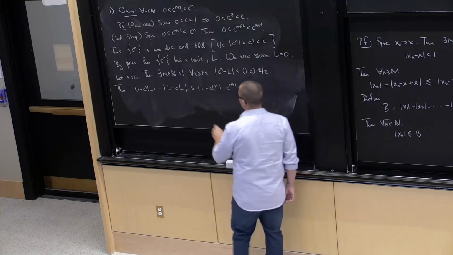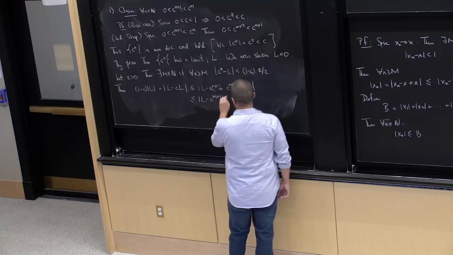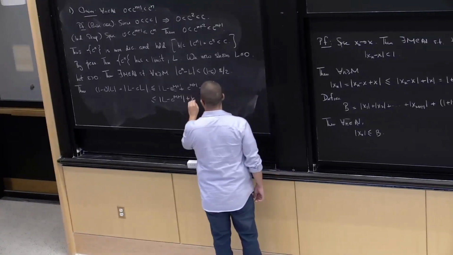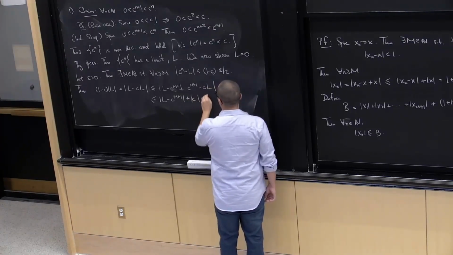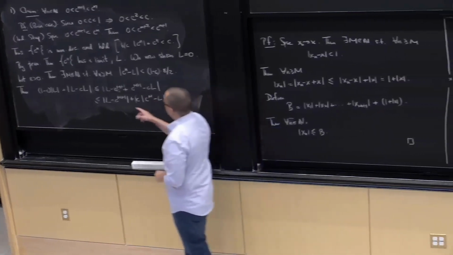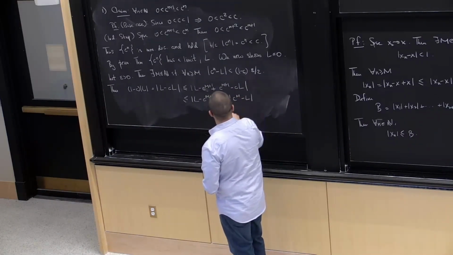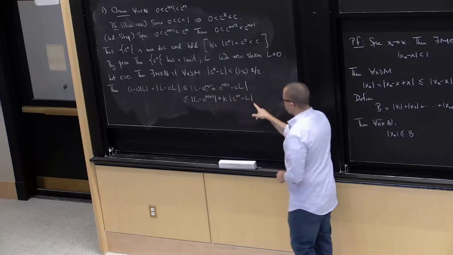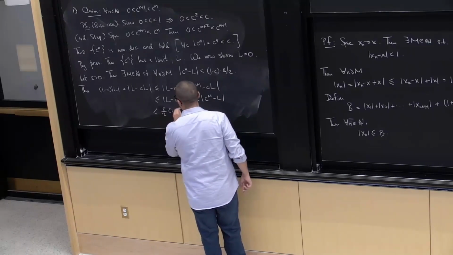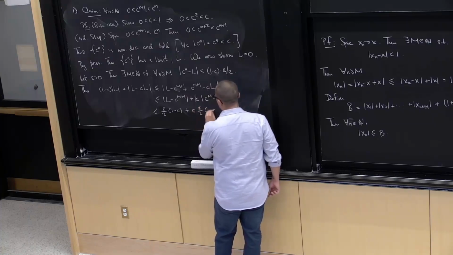And by the triangle inequality, this is less than or equal to the absolute value of L minus c to the M plus 1, plus, now c to the M plus 1 minus c times L, so I can pull out a c, which is positive, so I can get c times the absolute value of c to the M minus L. Okay. Now, M plus 1 is bigger than M, so it satisfies this inequality, and so does this one. Okay? And therefore, this is less than epsilon over 2 times 1 minus c plus c times epsilon over 2 times 1 minus c.